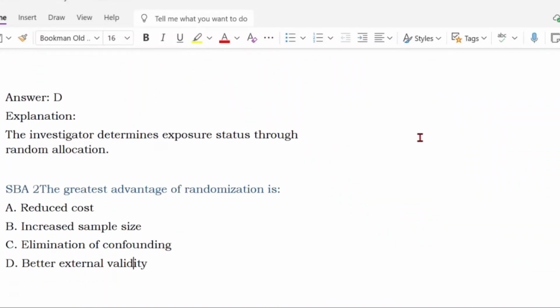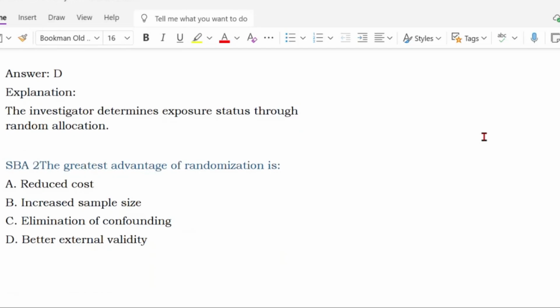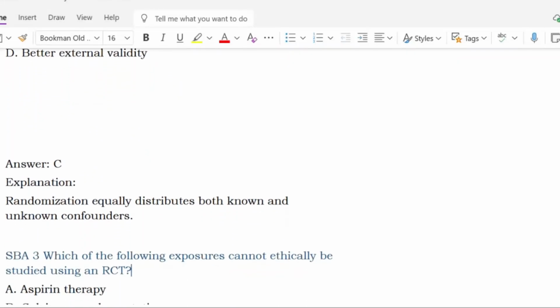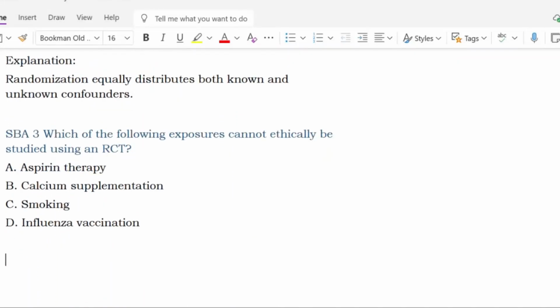The investigator determines the exposure status through random allocation. Next. The greatest advantage of randomization is: reduces cost, increases sample size, elimination of confounding, better external validity. Sir, option C, elimination of confounding. Correct. Randomization equally distributes both known and unknown confounders.